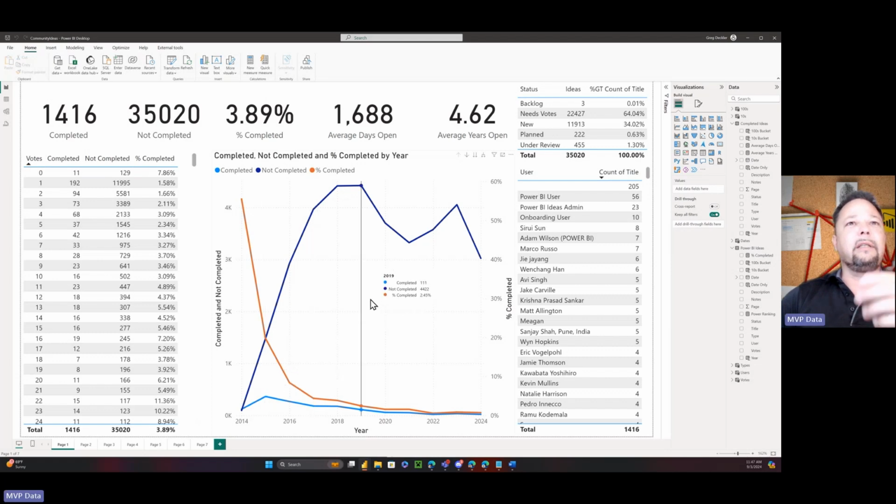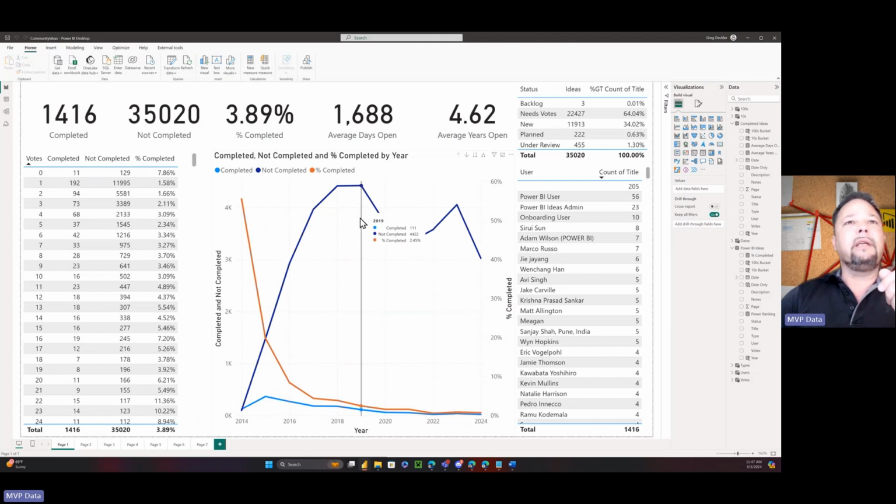So you can see that this graph is kind of interesting. It obviously goes down exponentially depending on what year you submitted in. There was a 55% completion rate for ideas submitted in 2014, then only 20% in 2015. Then it drops down to 8%, then it drops down to 4%, and just keeps dropping down to basically near 0.